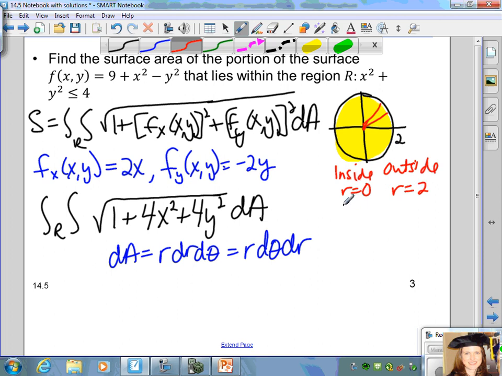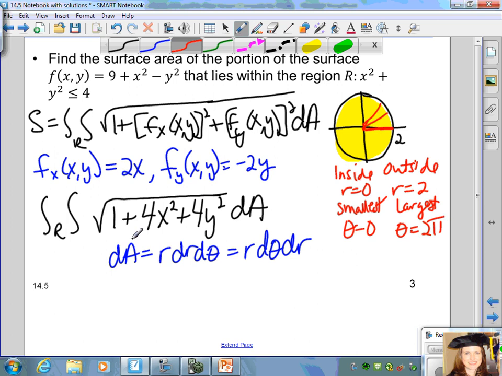To find your bounds for theta, we want our smallest angle, and we'll start here at theta equals 0 and determine the upper bound, that largest angle theta, that would give you the entire region. In this case, that would be 2 pi. So we have our bounds of integration.